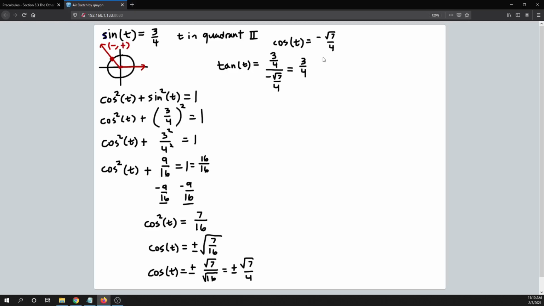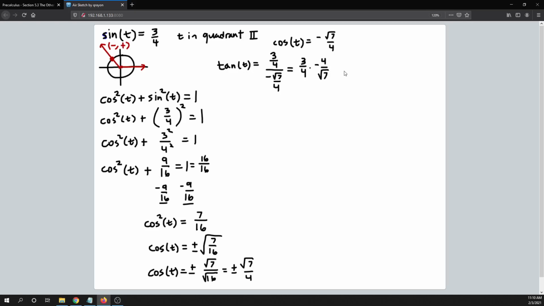All right, we have to divide these two fractions, so what you want to do is change it to multiplication and take the reciprocal of this number. So 3/4 divided by negative square root 7 over 4 is the same as 3/4 times the reciprocal of negative square root 7 over 4, which is negative 4 over square root 7.